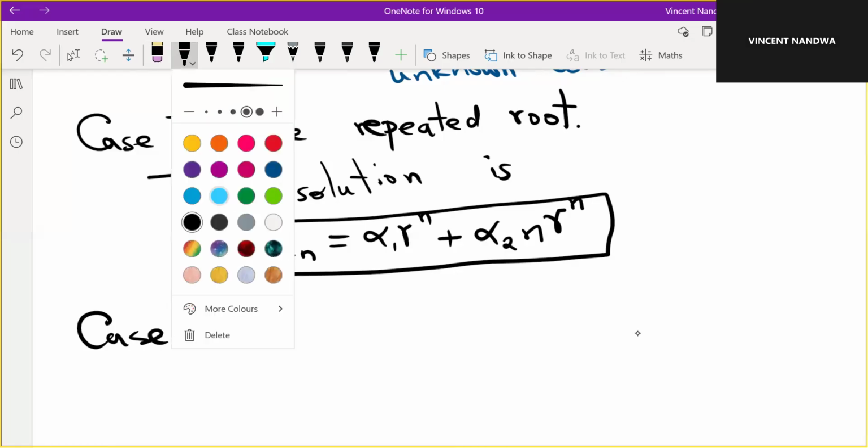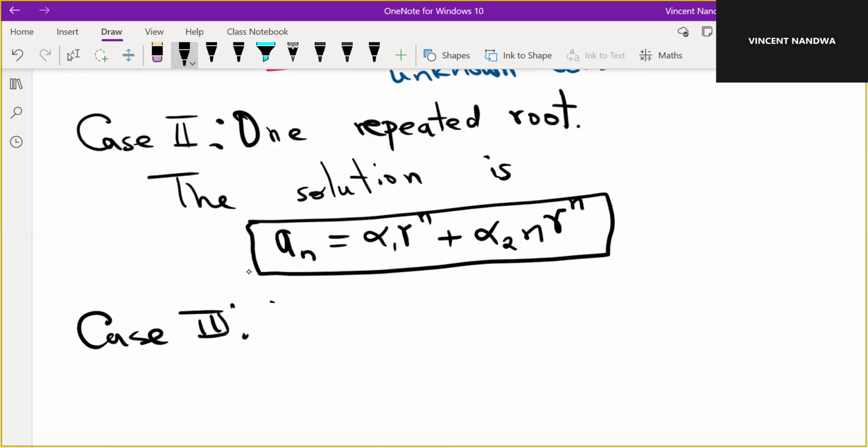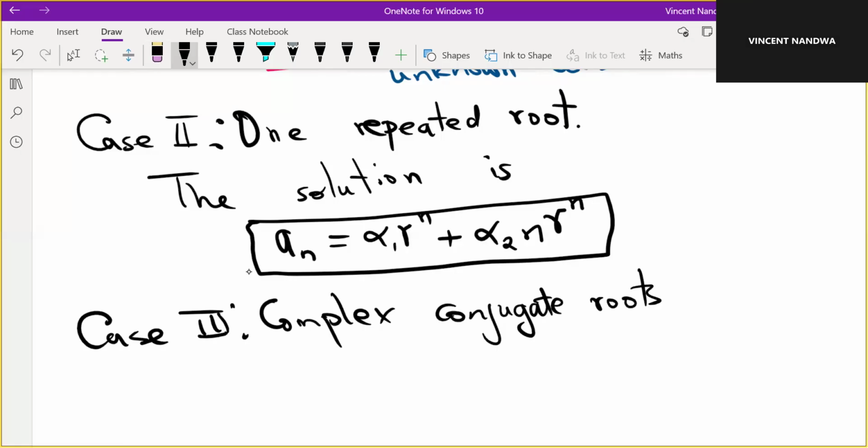Yeah, we have complex roots. So complex conjugate roots. So say r is alpha plus or minus beta i.